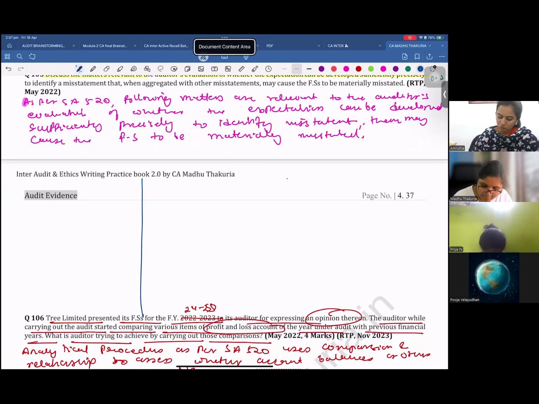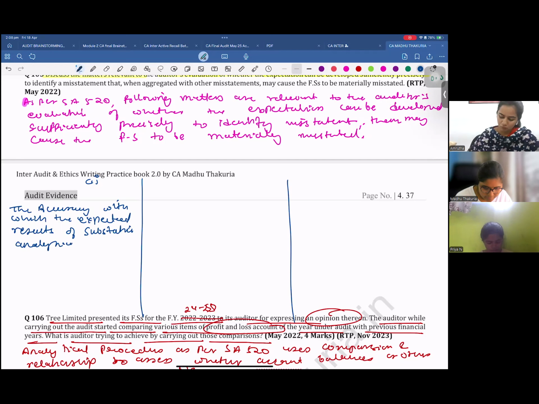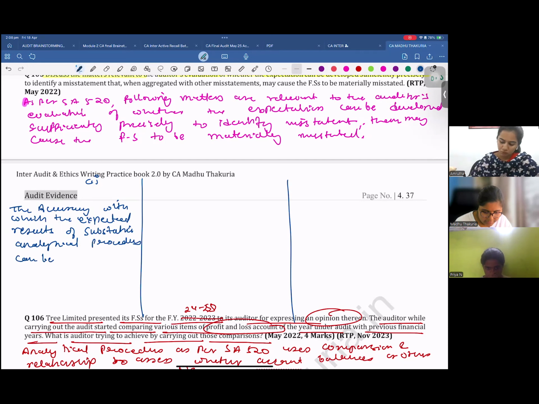Now, under this we have 3 points. One, the accuracy with which the expected results of substantive analytical procedures can be predicted.